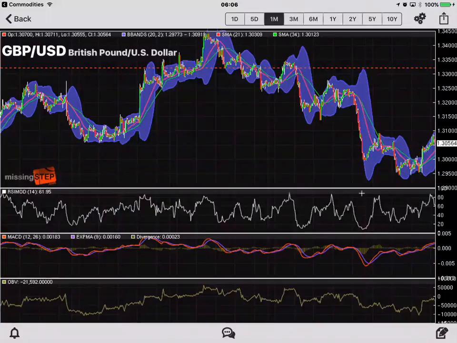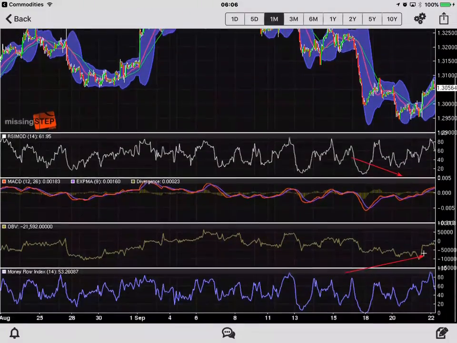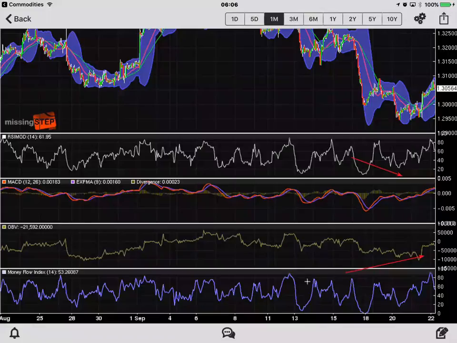You could see some divergence here on your MACD on the setup, money flow, and your choppy RSI. So I would look for your RSI here. Let's get rid of those.